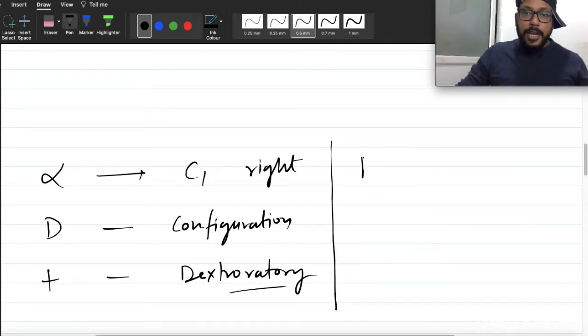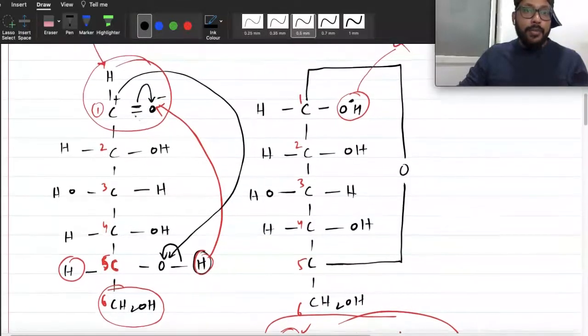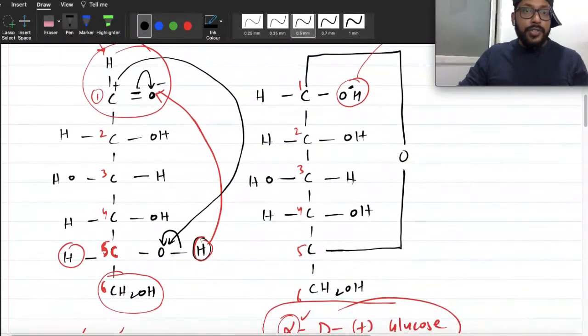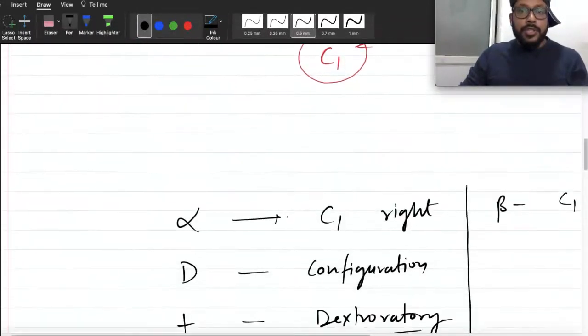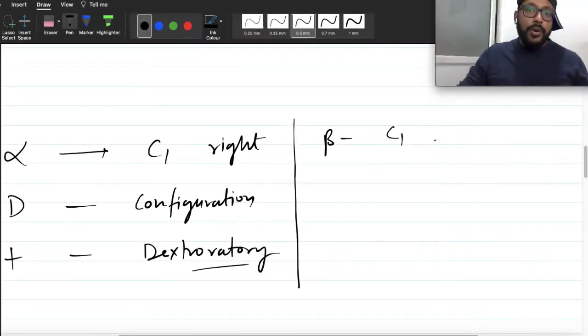Similarly, beta refers to the C1 carbon, especially in glucose, because glucose has an aldehyde group at the C1 carbon, which is the strongest group. So if the OH functional group is present at the left hand side, it is beta.